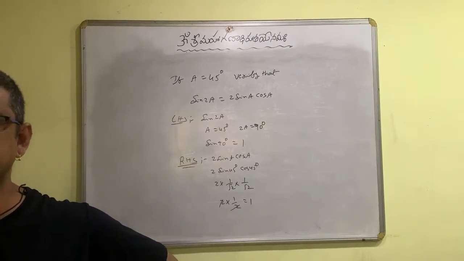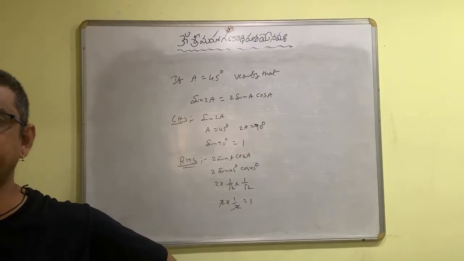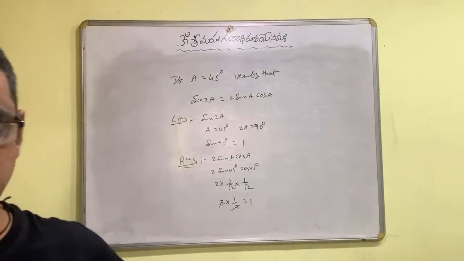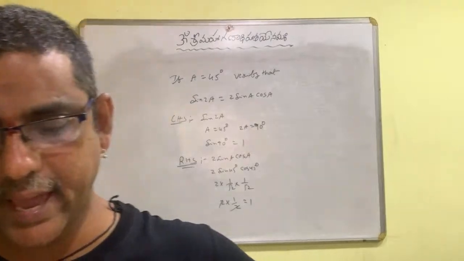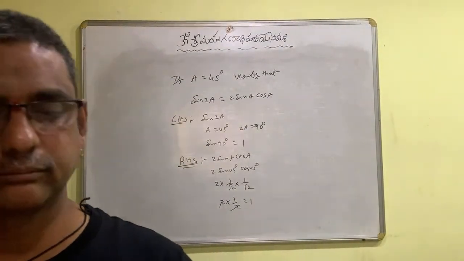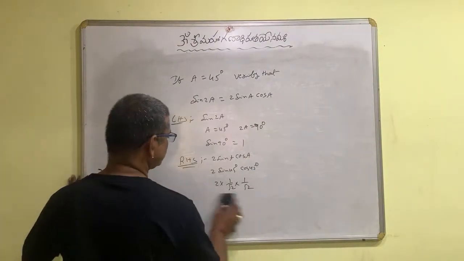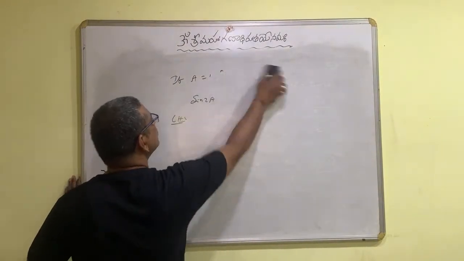Sin 2A equals 2 sin A cos A. Good. Next one.